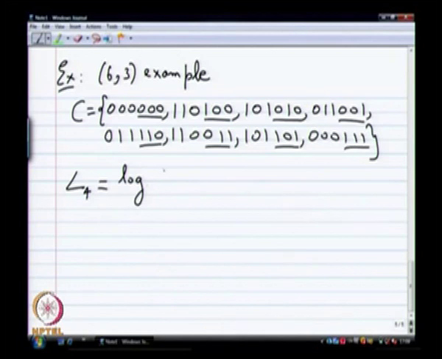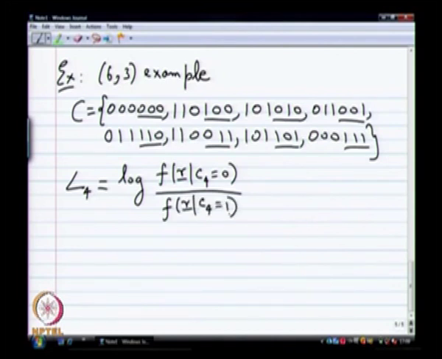This log we will usually take as log base e, so remember that it is logarithm base e. That is why the e power just goes away.